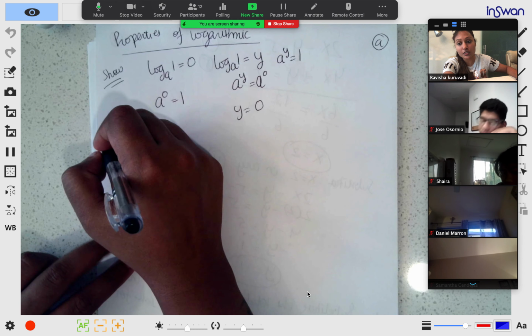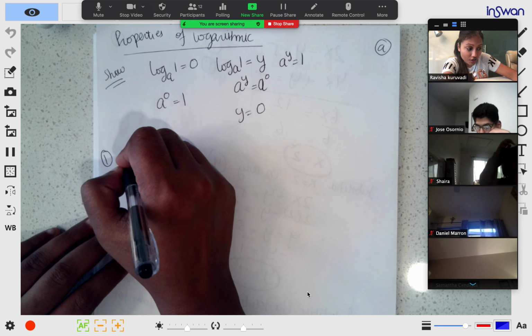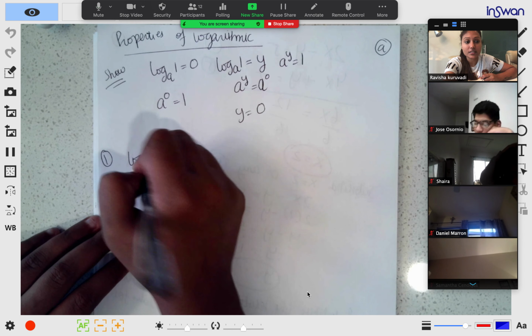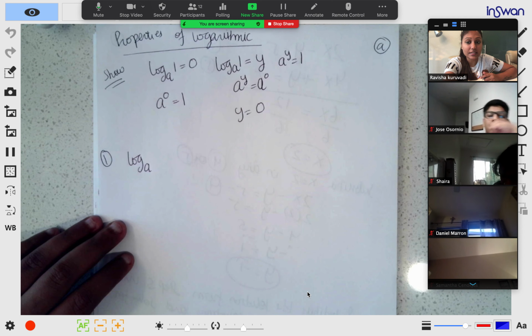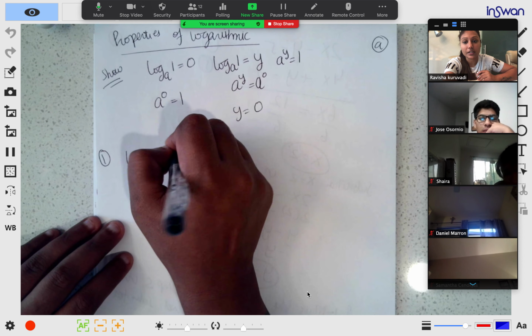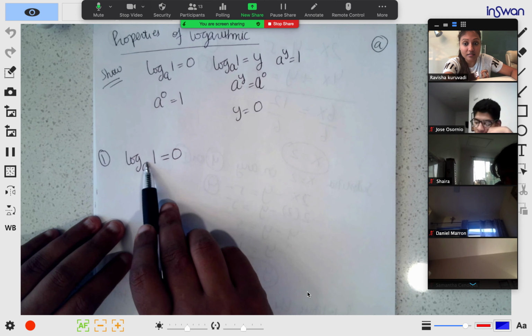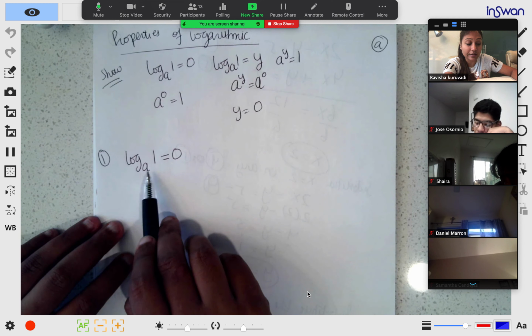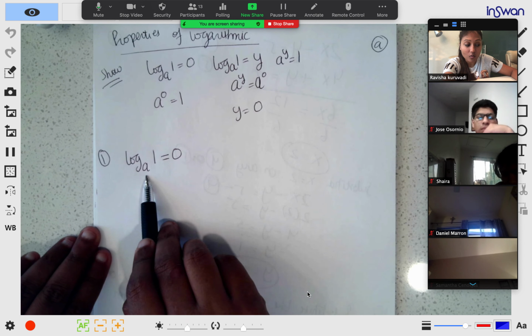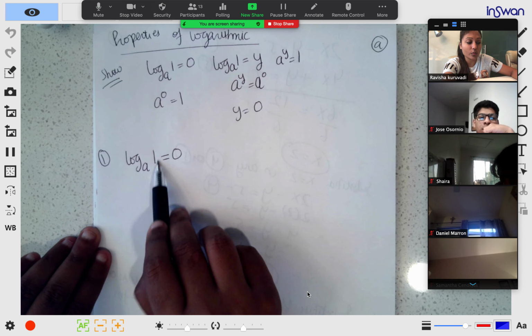First property is if you have log, no matter what your base is, log a 1 is always equal to 0. That's the property. No matter what my base is here, it's 10, 50, 100, I don't care. If I'm finding log of 1 here, it is always equal to 0.